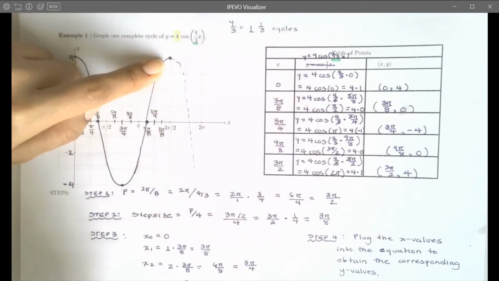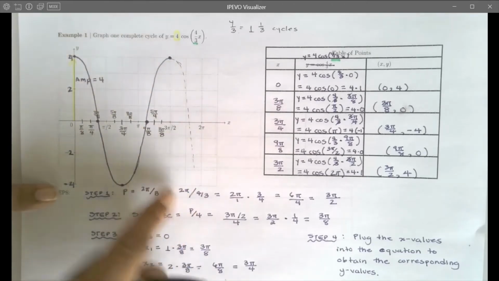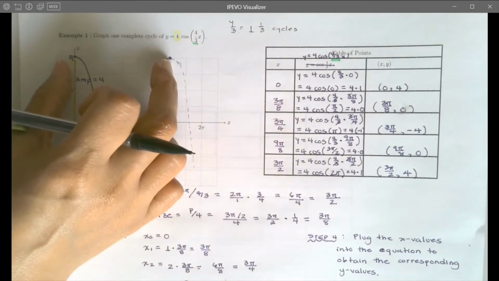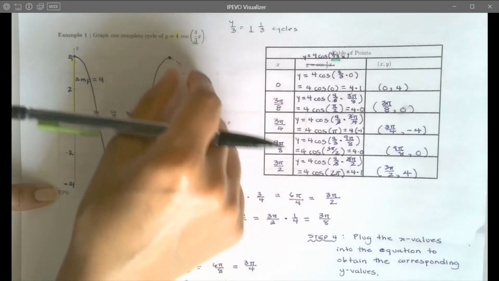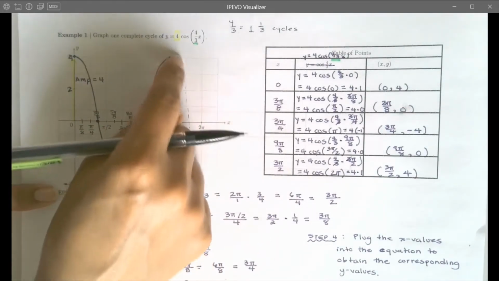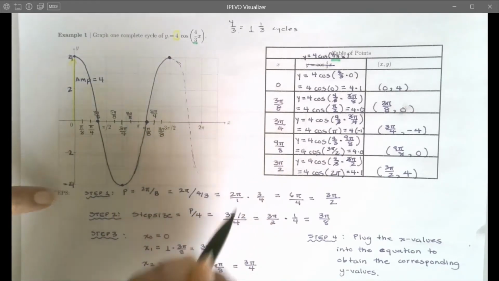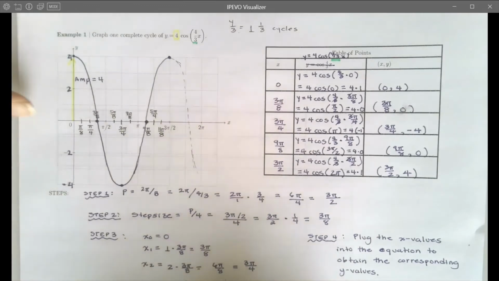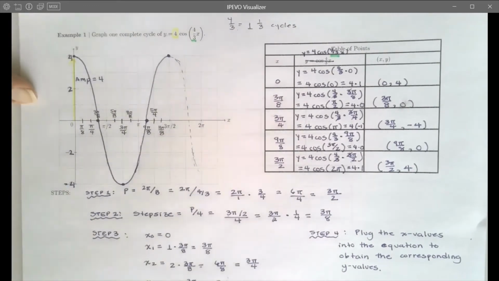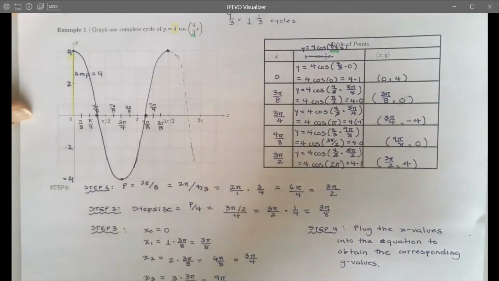Okay. Which is a little difficult to draw, but you can see that there is this complete one cycle, and then this chunk between 3 pi over 2 and 2 pi is going to contain what seems to be a third more. Okay. So that is the first example that has change in both amplitude and period.